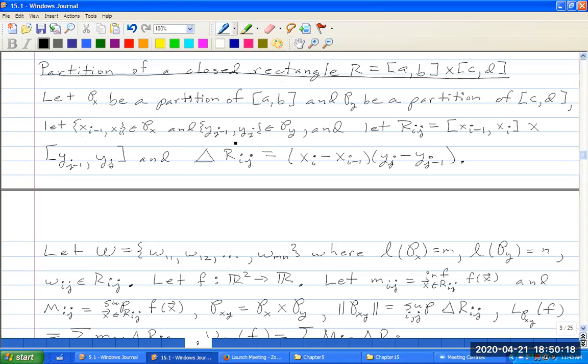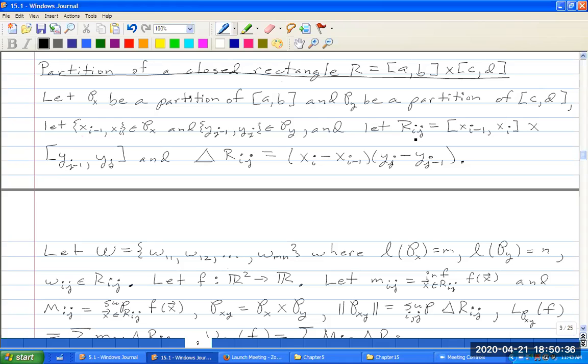Let delta r sub ij equal... So notice that r sub ij is just a rectangle, the Cartesian product of these two closed intervals.